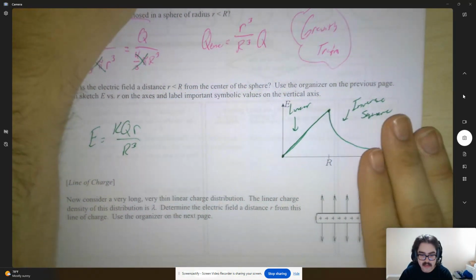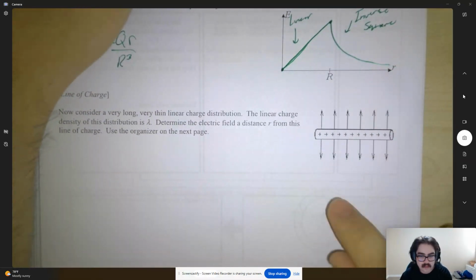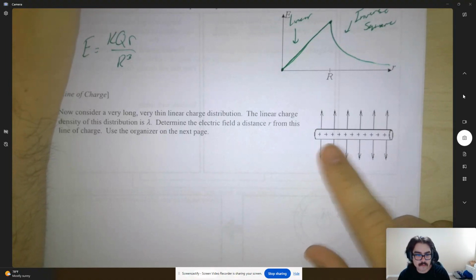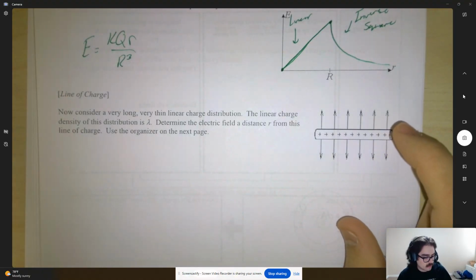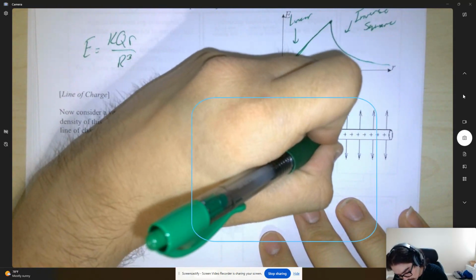Now, this is a line of charge, or maybe like a wire you can think about. In this case, because the wire is basically a cylinder, I'm going to make my Gaussian surface a cylinder, concentric with the wire.